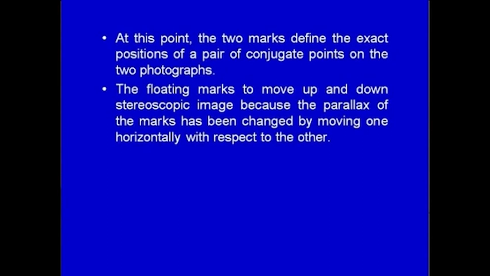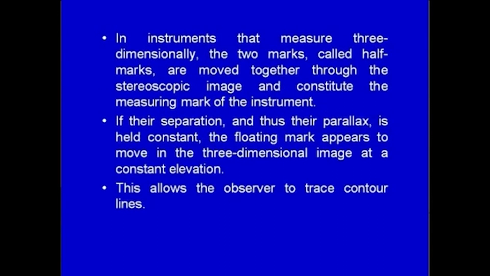The floating mark moves up and down in the stereoscopic image because the parallax of the marks is changed by moving one horizontally with respect to the other. In instruments that measure three-dimensionally, the 2 marks are called half marks and move together through the stereoscopic image and constitute the measuring mark of the instrument.